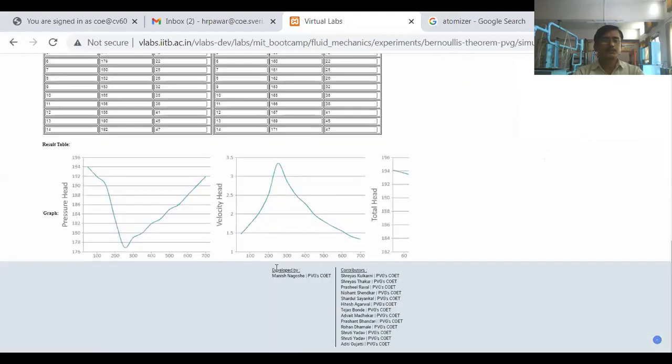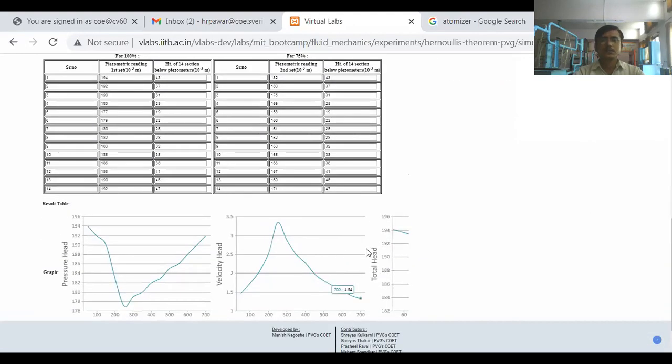This third graph, we are unable to see it. So here you can observe the curve like this, a straight line curve or somewhat minor changes up and down. That kind of graph can be observed.